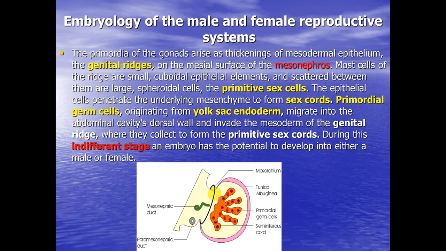Then they pass by the blood vessels from the yolk sac to the pelvic region of the trunk of the embryos and invade these sex cords. And this scheme shows you that during this indifferent stage there are two parallel long ducts, the mesonephric duct and, parallel to it, the paramesonephric duct.